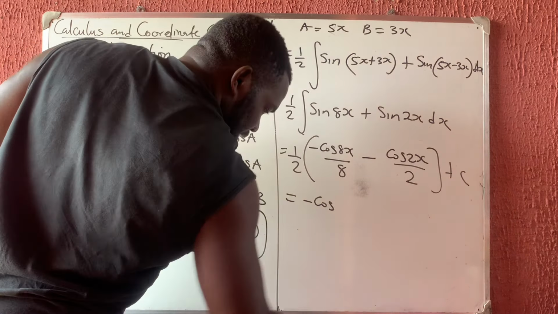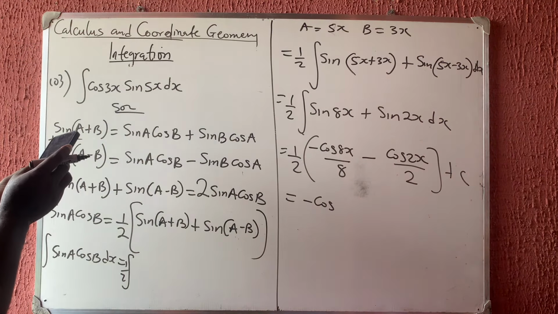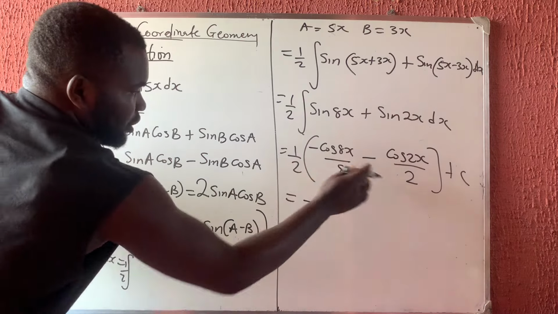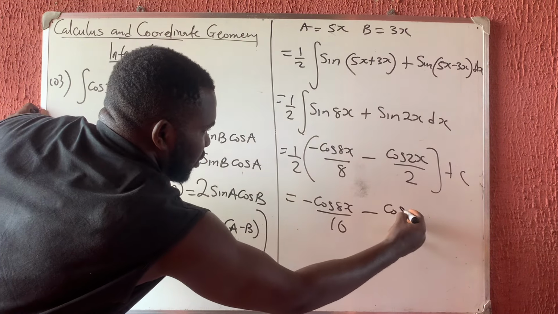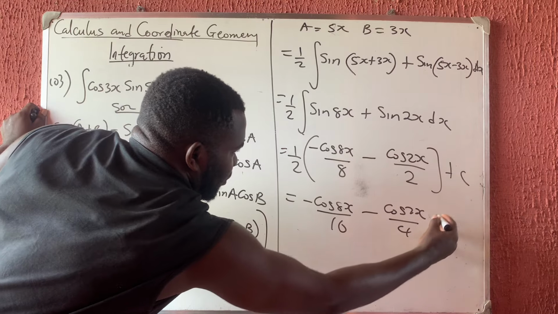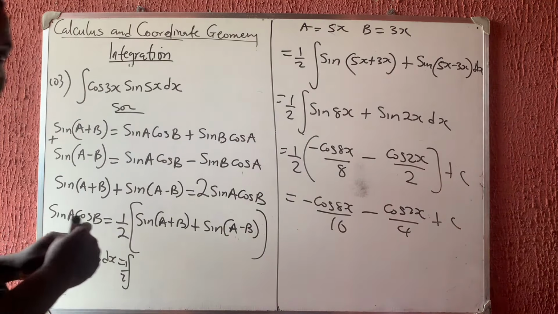It depends on what we have in the options. If you multiply out, it is minus cos 8x over 16 minus cos 2x over 4, then plus a constant. So that is the answer for that.